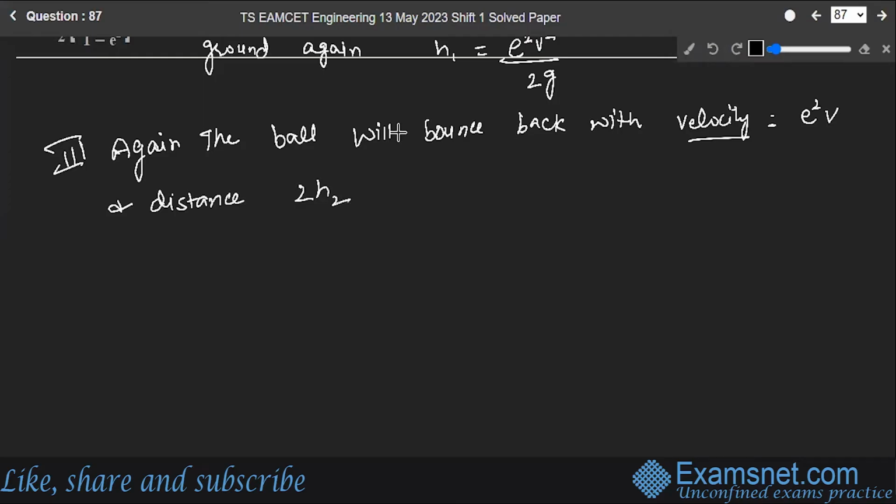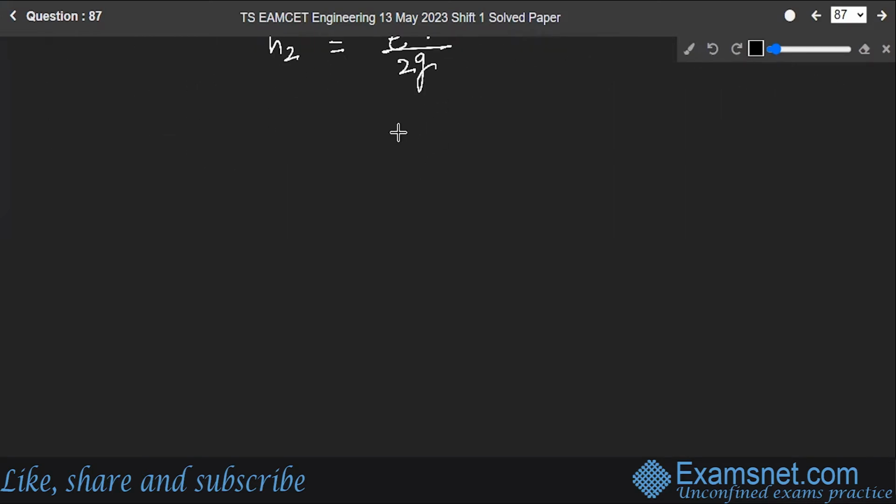So h2 will be equal to e power 4 into v square upon 2g. This is the h2 now. So this will happen continuously. This process continues for long until the ball comes to rest.